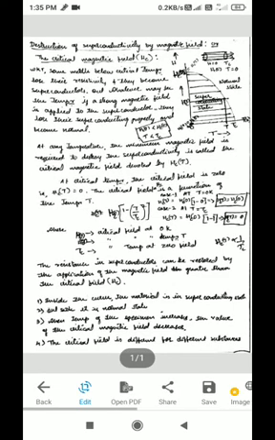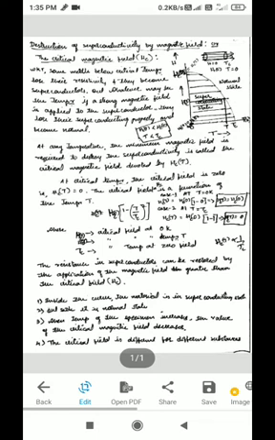For example, if I take mercury, its critical temperature is 4.2 Kelvin. At 4.2 Kelvin, we need zero magnetic field to destroy the superconductivity. If we go further below, for example 3 Kelvin, what magnetic field do we require to destroy the superconductivity?